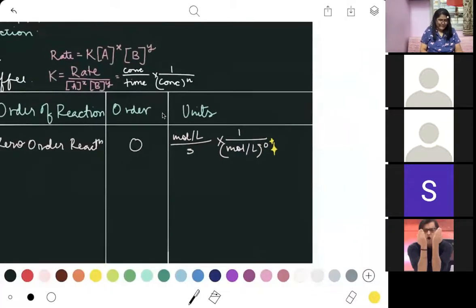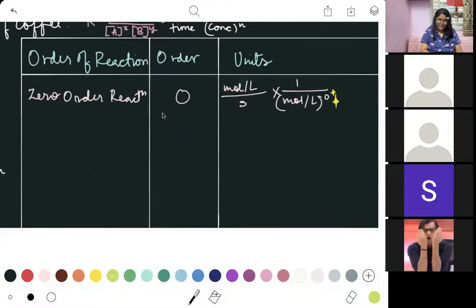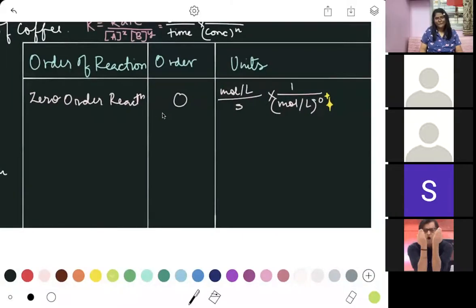Now, if I learn a lesson from this, this is going to tell me what kind of reaction the first order reaction would be. I have a first order reaction, which means that the order of my reaction is 1.